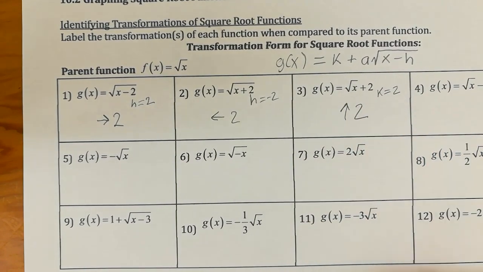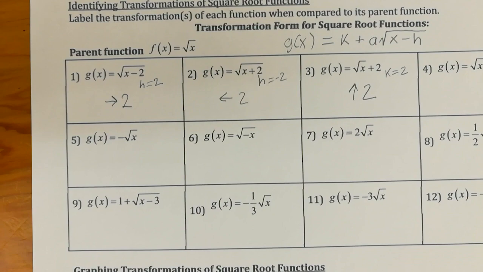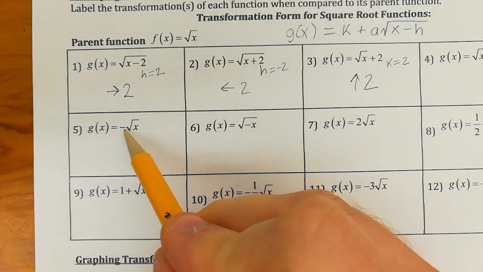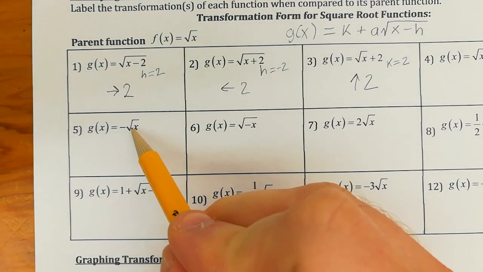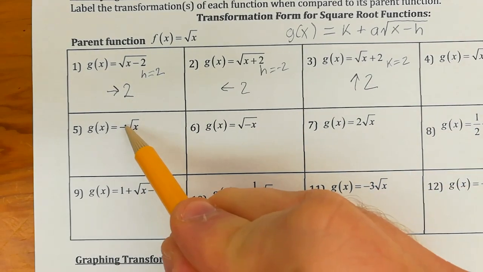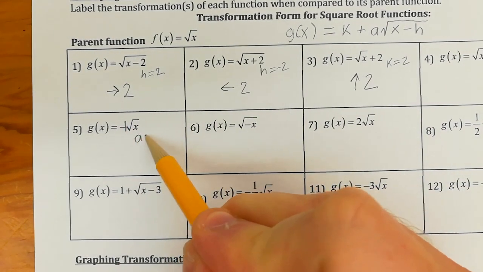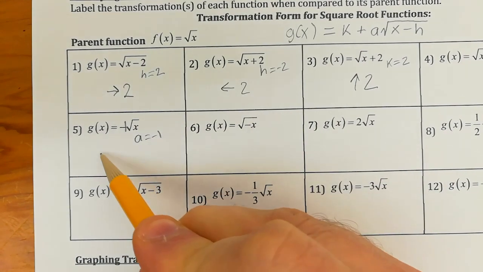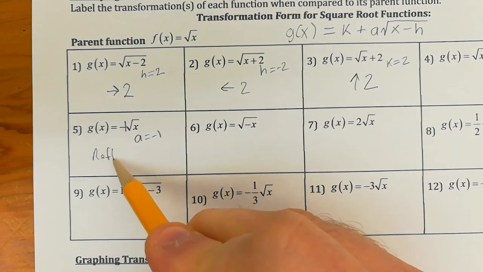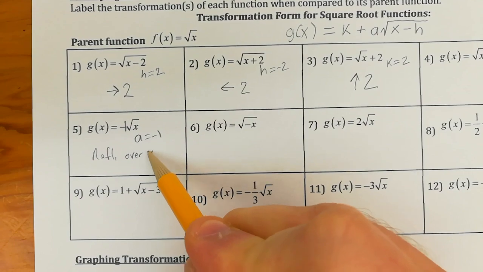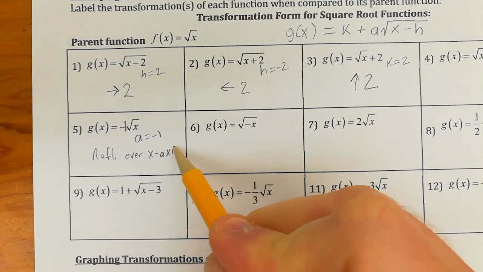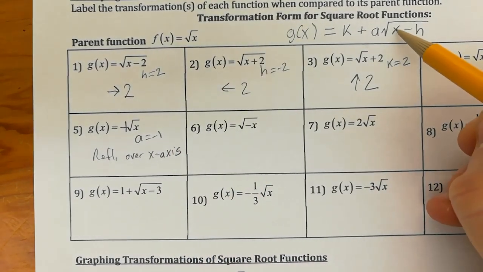All right, let's do some down here. Here we have a negative outside the square root. Well, that acts like multiplication of negative 1. So that means a is negative 1, or in other words, there's a reflection over the x-axis. The next one over, we don't quite have a variable in front of x.